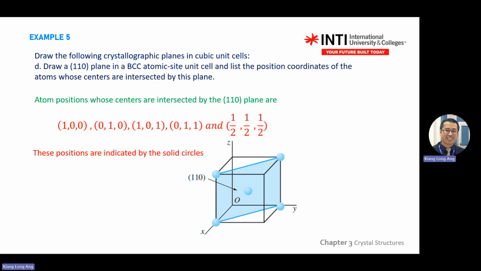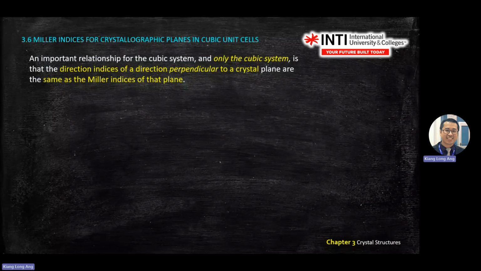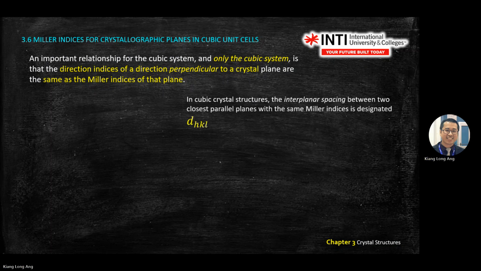Okay. So another thing is the relationship on that one. There is a way of doing calculation now on the d-spacing of h, k and l. So h, k and l are the indexes of the plane, the Miller indexes.